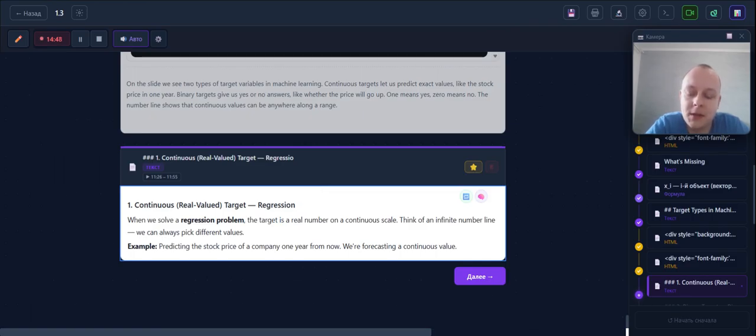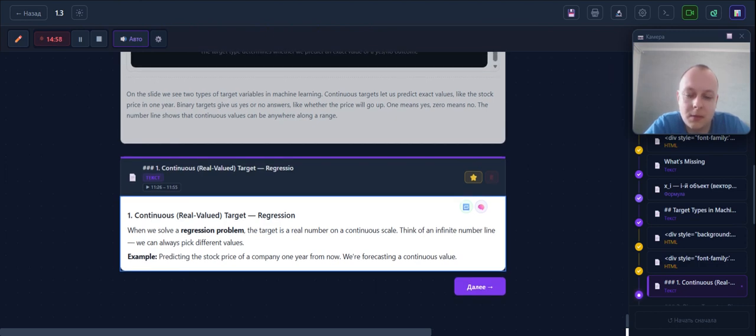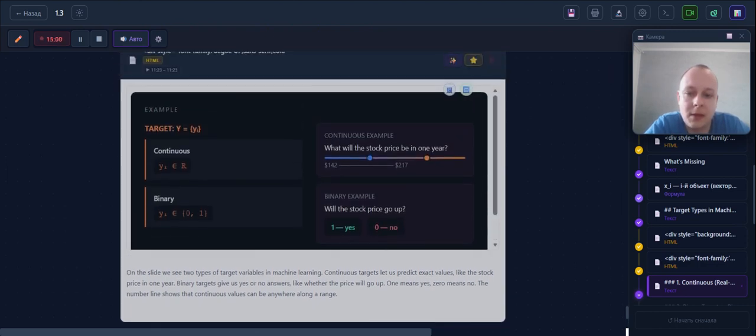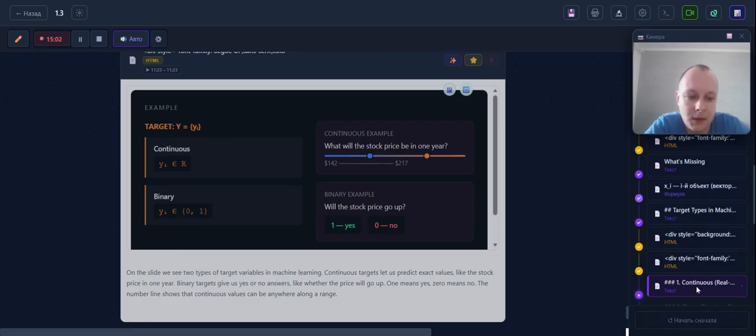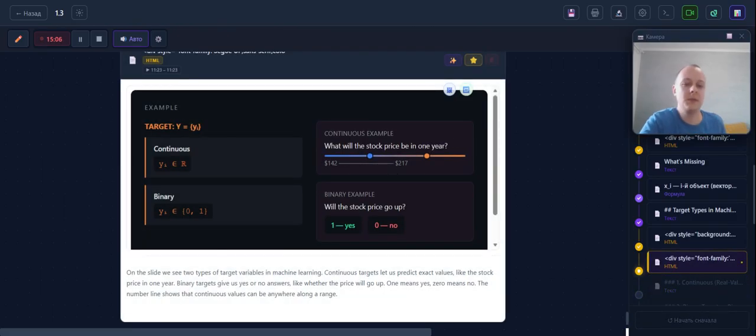Continuous real value target. When we solve regression problems, think of an infinite number line. We can always pick different values, like in this example before. Different companies have different continuous value targets, and this is the value we want to predict.